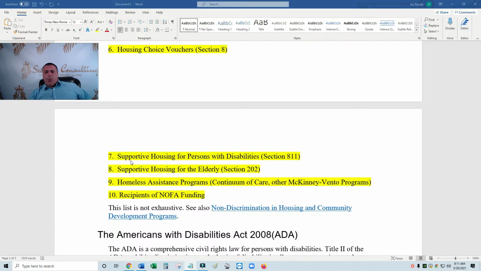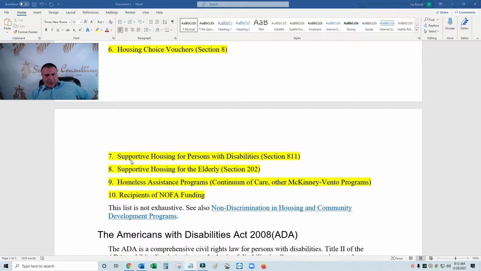And then you have supportive housing for the elderly, which is Section 202. And then you move on to homeless assistance programs, which is often referred to as the continuum of care or other McKinney-Vento programs, better known as CoC housing, which issues vouchers, rapid rehousing, and permanent supportive housing, and so on. So there's many subsections to federal regulation as well as tax law that include many elements and aspects of disability.